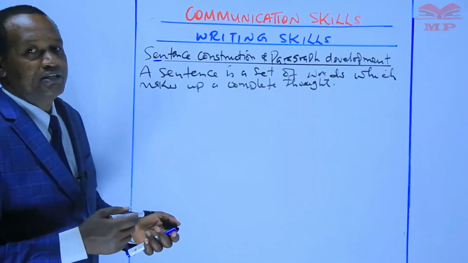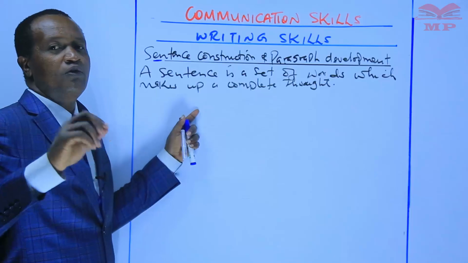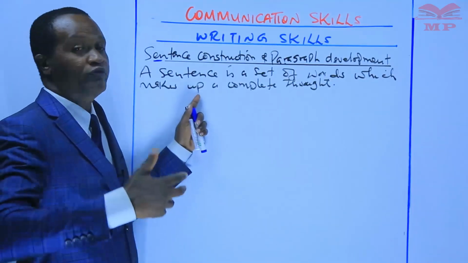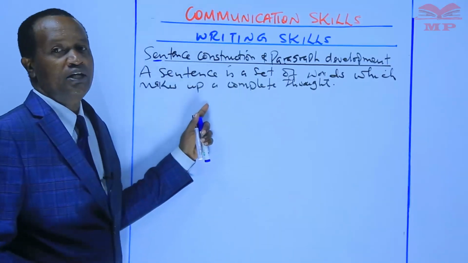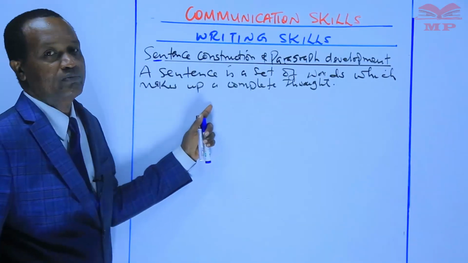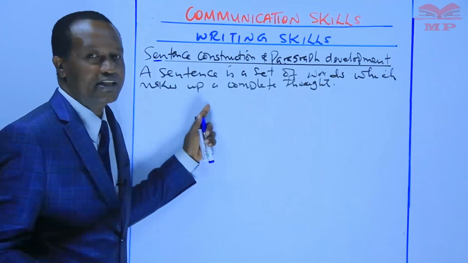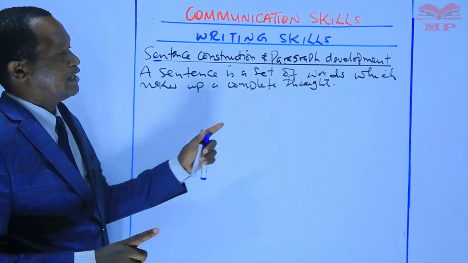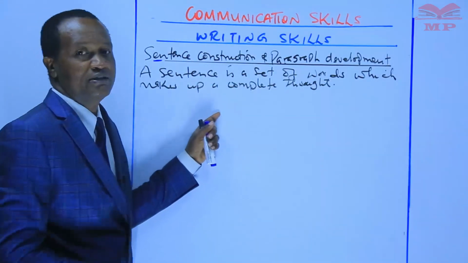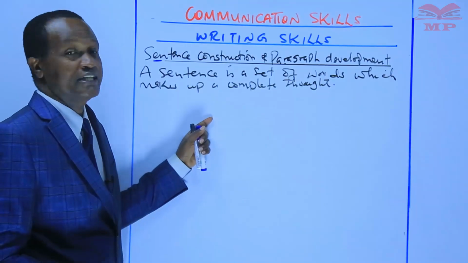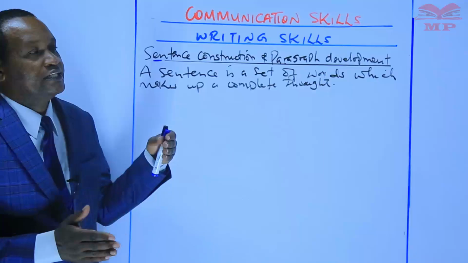And it achieves this by following a set of grammatical rules to convey a statement, to convey a question, to convey a command, and so on. And candidates, a sentence begins with a capital letter and ends with either a full stop, a question mark, or an exclamation mark. And usually, candidates, a sentence contains a subject and always contains a verb.